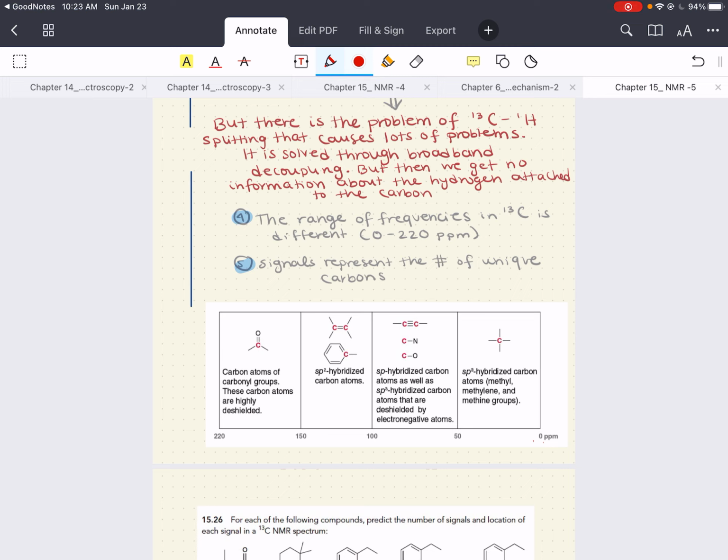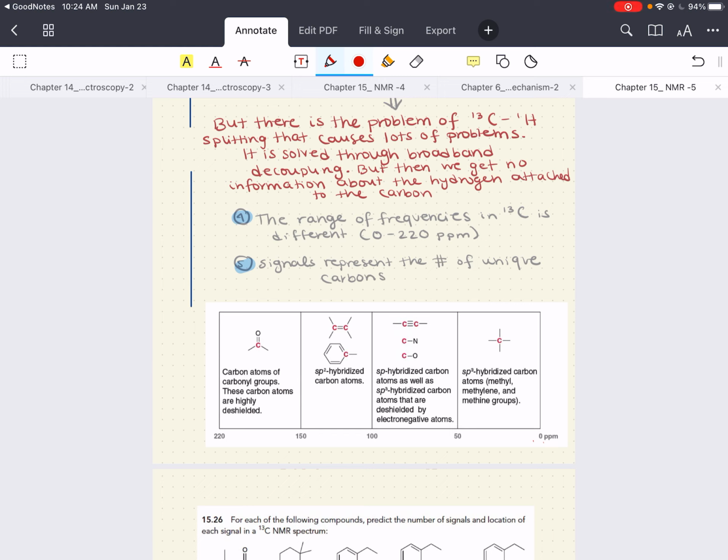Anywhere between 50 and 100 can be a carbon triple bond or a carbon-nitrogen or carbon-oxygen bond. Anywhere between 100 and 150 refers to an sp2 hybridized carbon. So got to keep that in mind. And then anywhere between 150 and 220 usually refers to carbonyl groups.